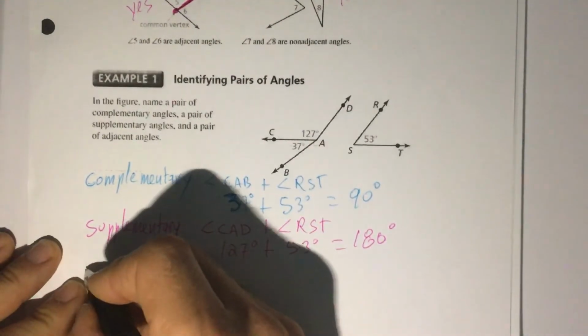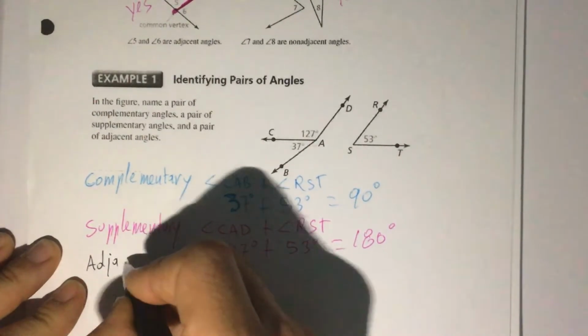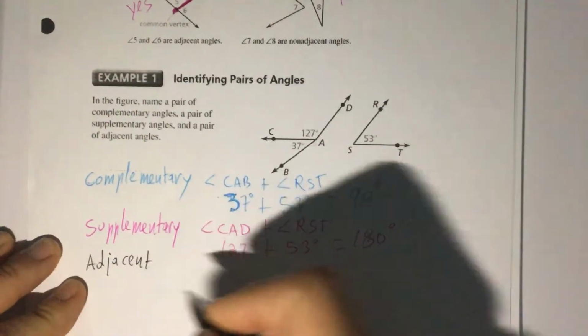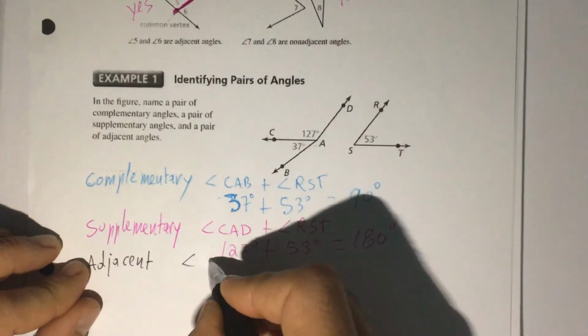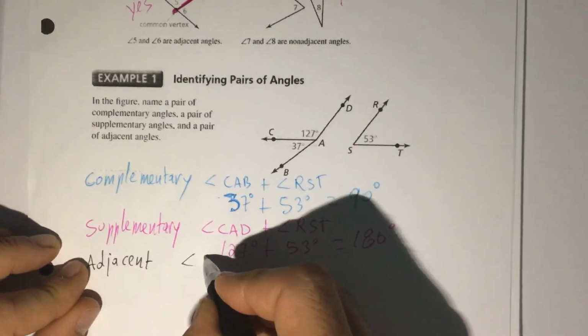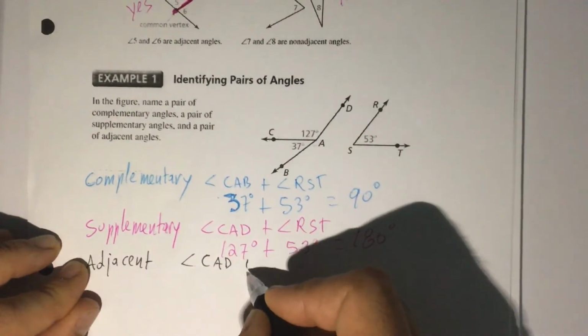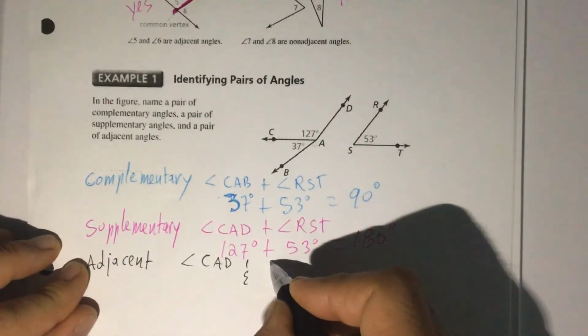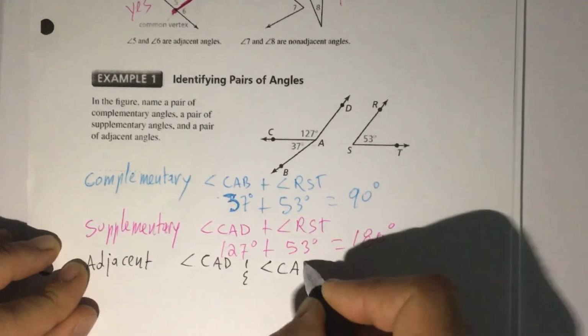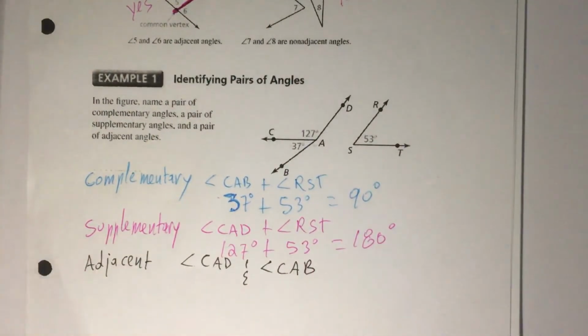So adjacent, that will be angle CAD and angle CAB. Okay? Those are the definitions of complementary, supplementary, and adjacent.